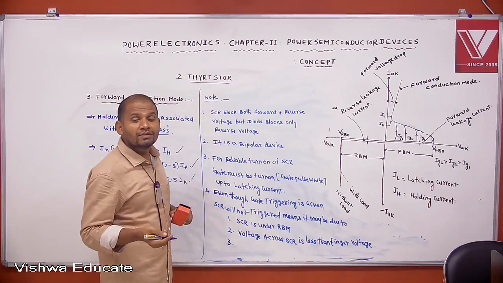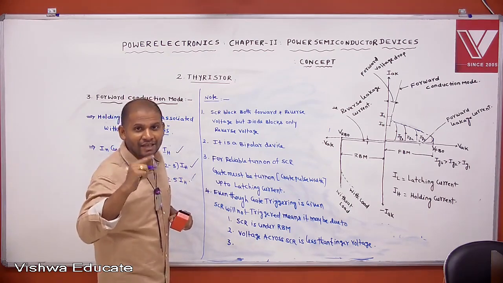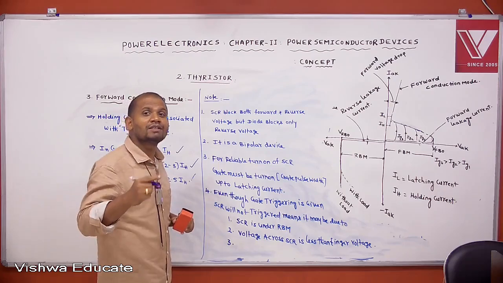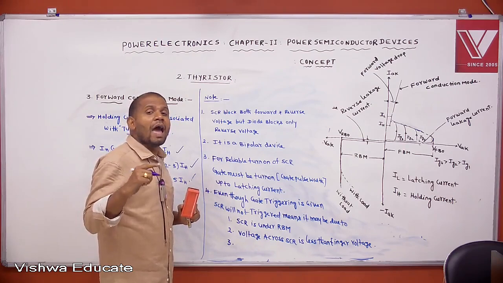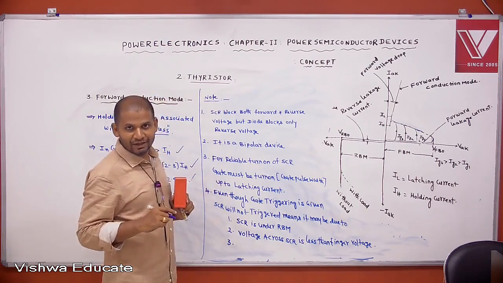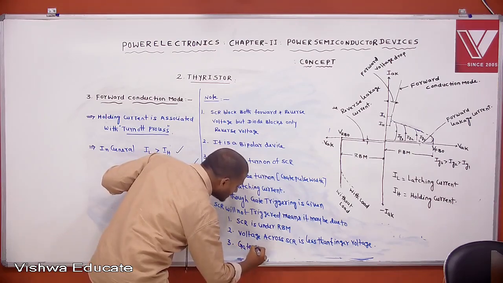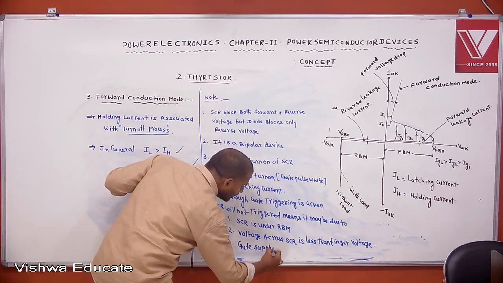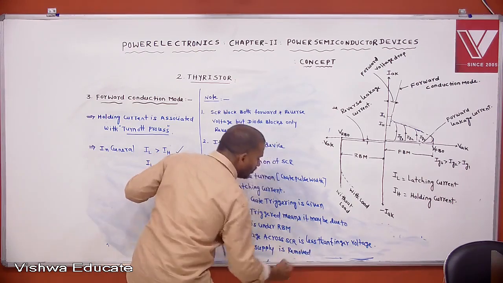The other one is gate supply is removed before reaching the latching current. That is, before the anode current reaches the latching current, the gate supply is removed.